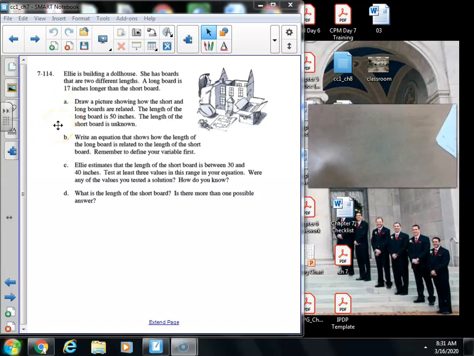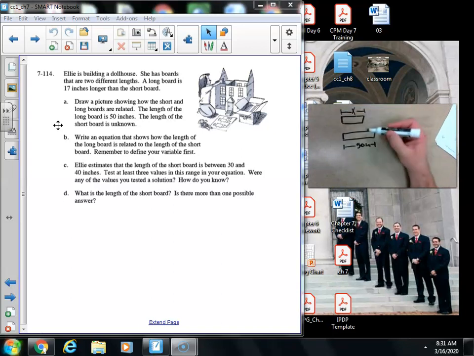So drawing a picture is always a great way to show something, especially when they give us measurements. So we know we have one board that is short, and we know that we have one that is longer. Okay, so what else can we identify in our drawing? We know that the long board is 50 inches. We know that the length of our short board is unknown, so we use a variable to represent that.